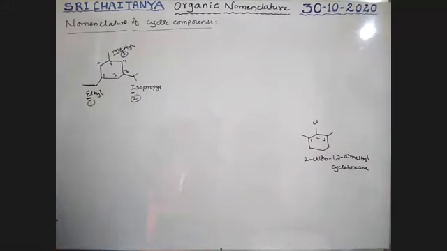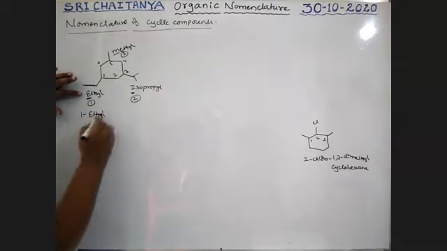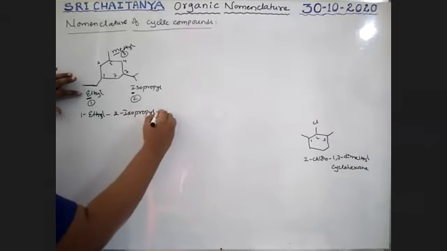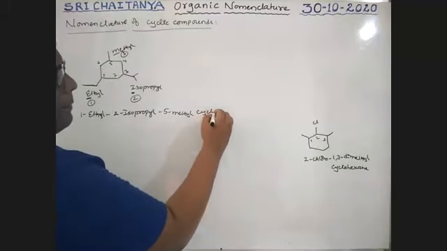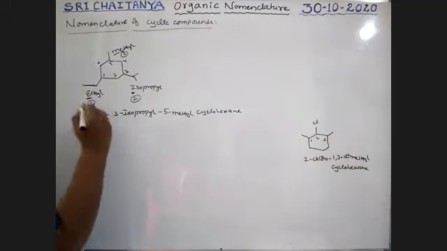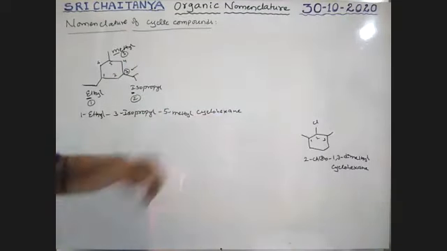Therefore, what is the name of this compound? 1-ethyl, 3-isopropyl, 5-methyl cyclohexane. Yes, 3 is correct, thank you.